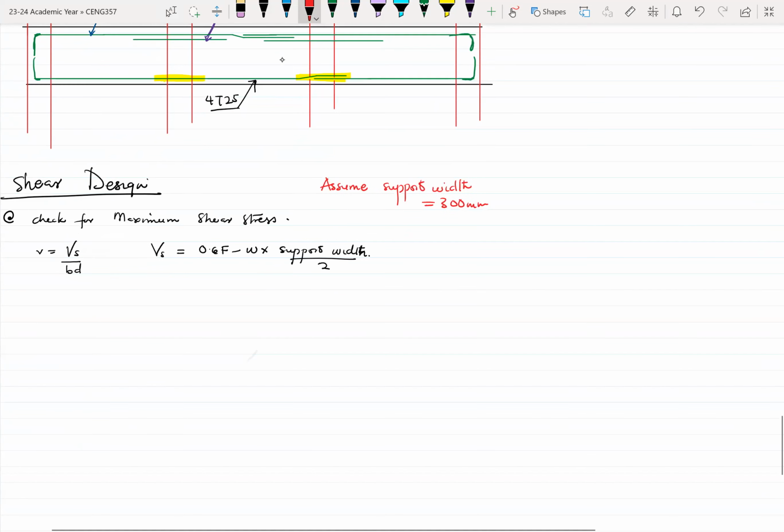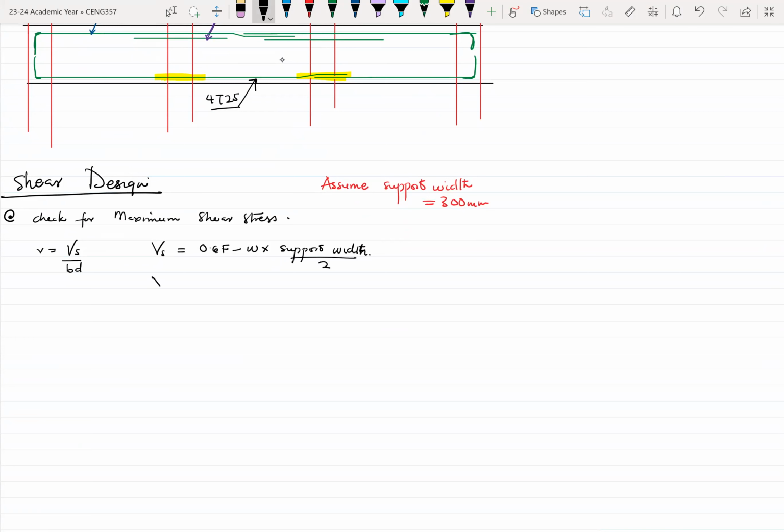Okay, so the VS, this might look new to you guys because you've not watched the previous video, but once you watch the previous video, it becomes clear as day. All right, so 0.6 times the F, which is 995, minus W, which is the UDL, and that was 199 kilonewton per meter, times half of, so this is the same as 0.3 meters, right?